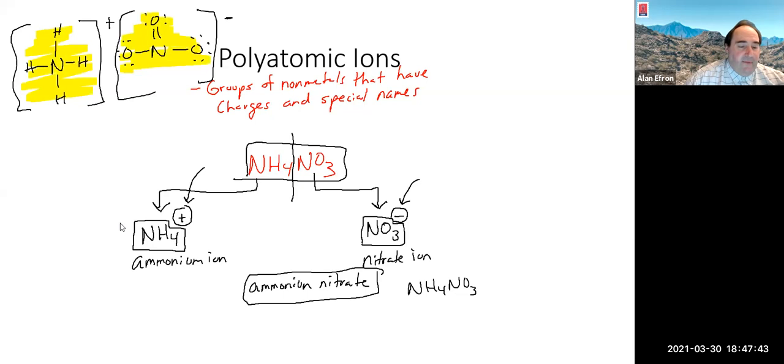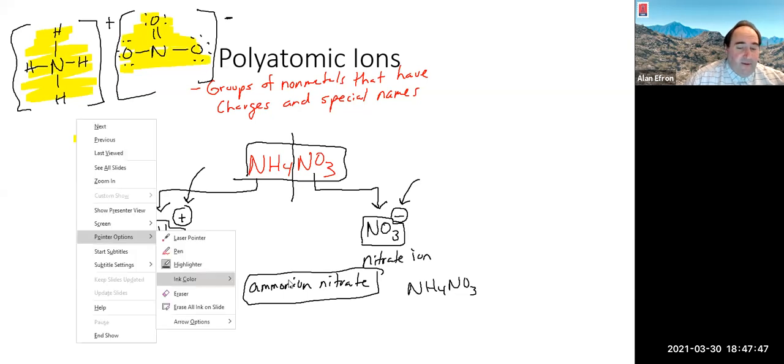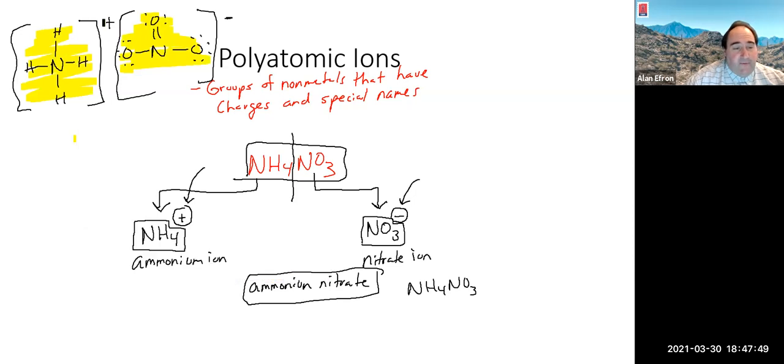And again, they have the appropriate charge, based on formal charge and stuff like that we talked about with bonding. Overall, this guy's carrying a +1 charge. Overall, this guy's carrying a -1 charge. So we really just need one of each of those. And that's really what this formula here represents. Any questions on that there?